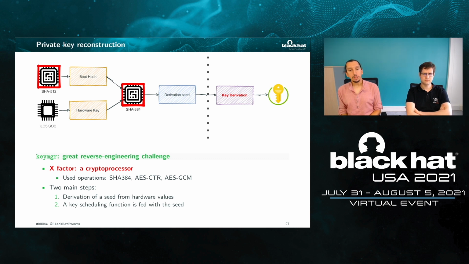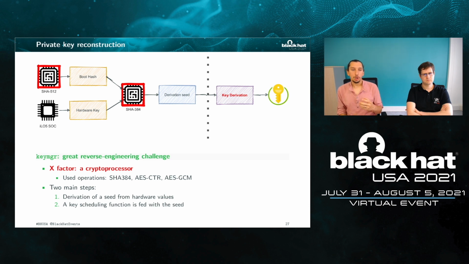If we go back to the derivation of a seed, there are actually 2 input values. The first one, that we name boot hash, is, we understand thanks to our knowledge of the system, an artifact of the verification of the signature of the first bootloader by the boot ROM located on the processor itself.